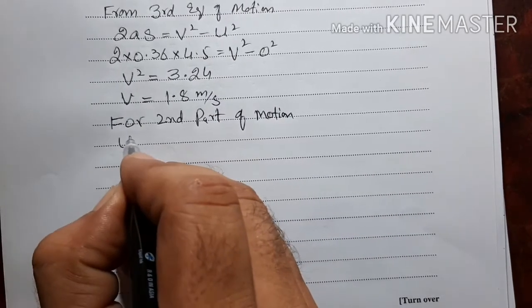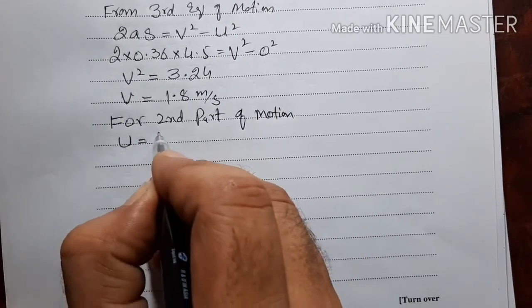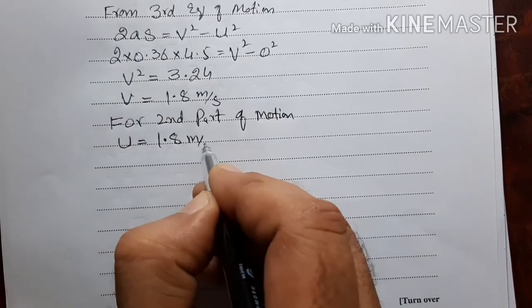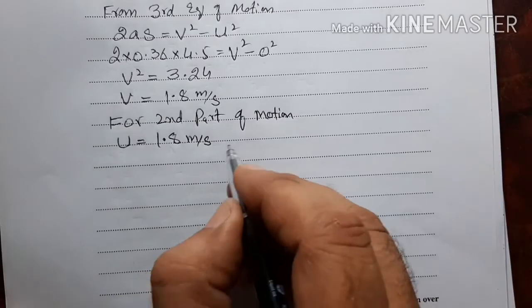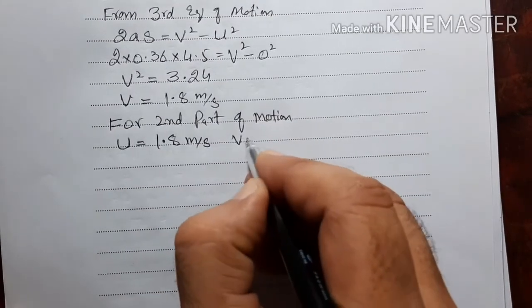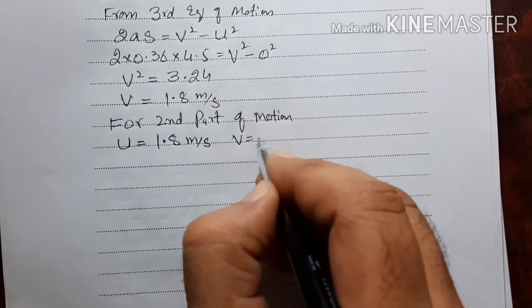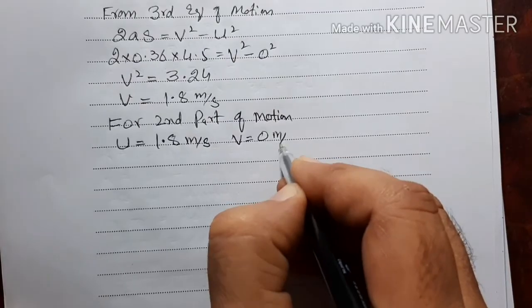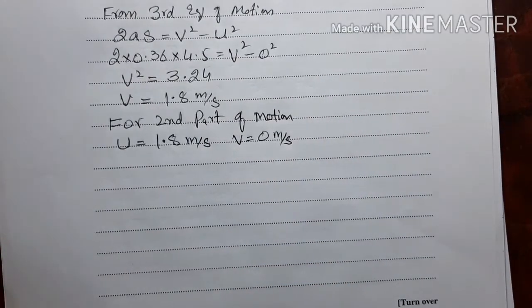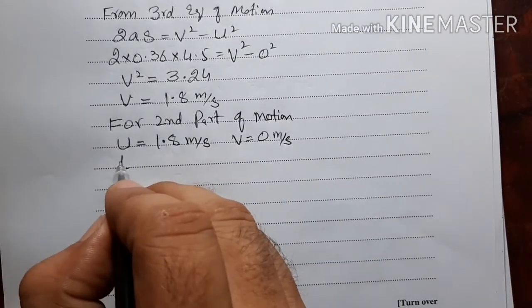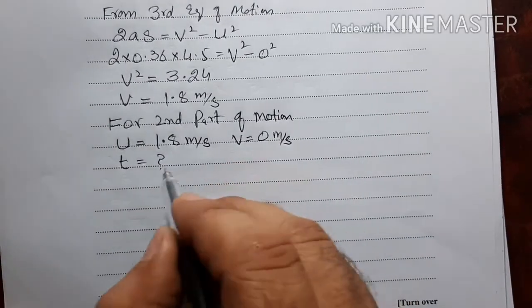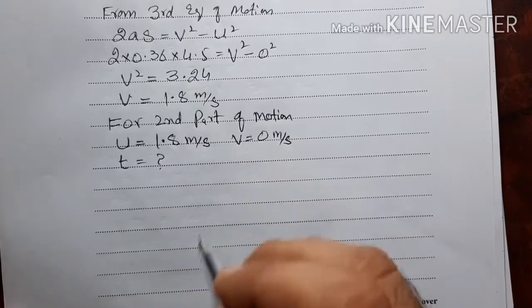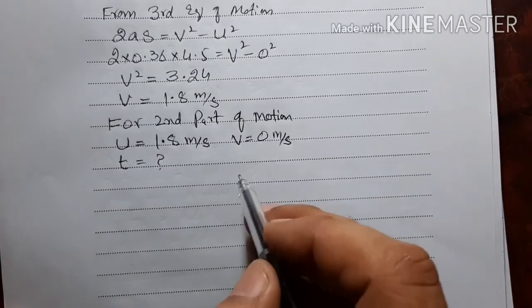So u is equal to 1.8 meters per second. Because the body will come to rest after some time, the final velocity is 0. We need to find the time of that motion, and we need the acceleration here as well.